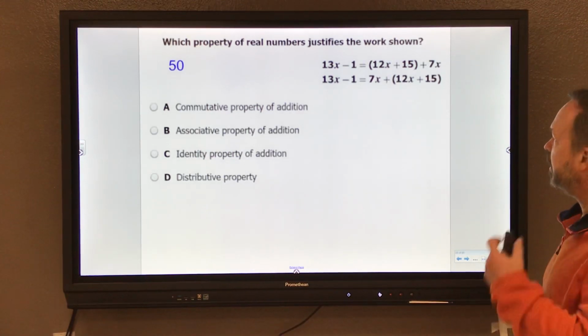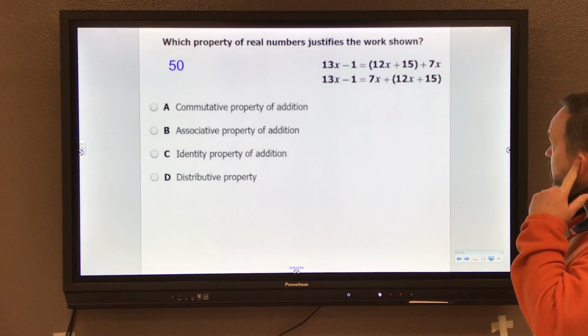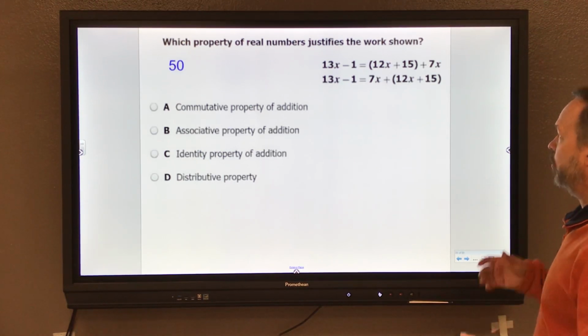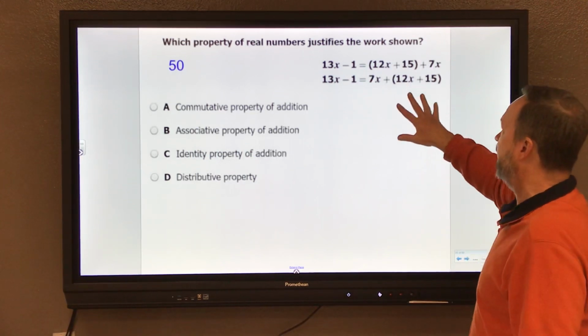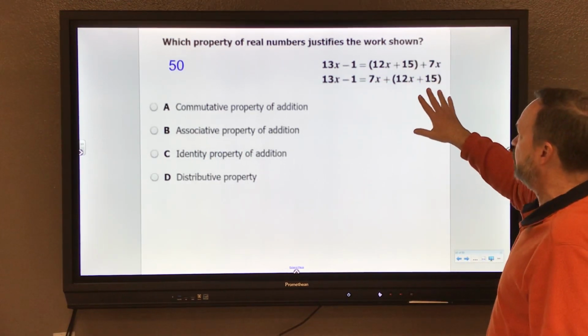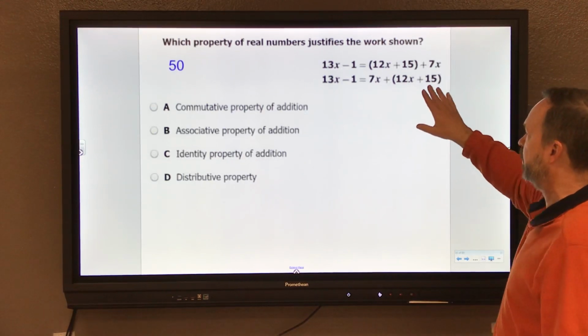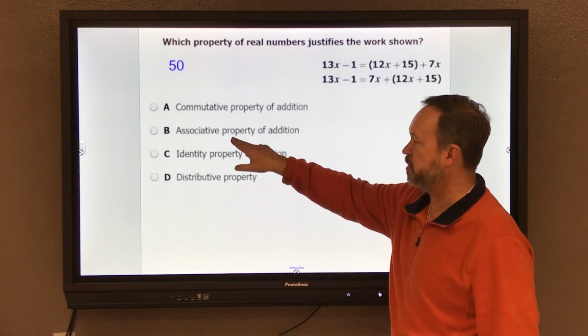And which property of real numbers justifies the work shown? So it's another property problem. Again, what changed? Left side, nothing. Right side, look at it real careful, because they're going to try to trick you into thinking this is the associative property because it's got parentheses. So they're going to try to get you to think it's associative.